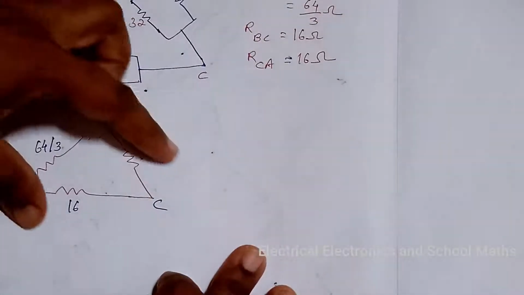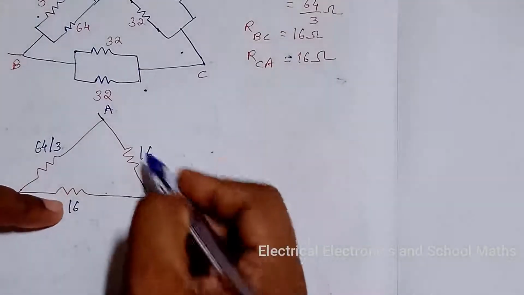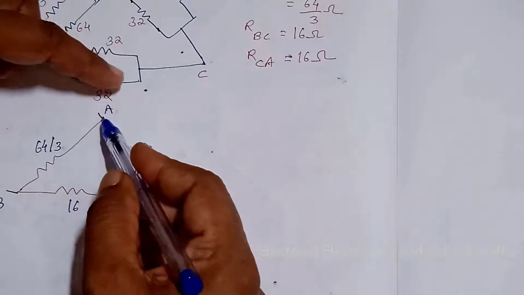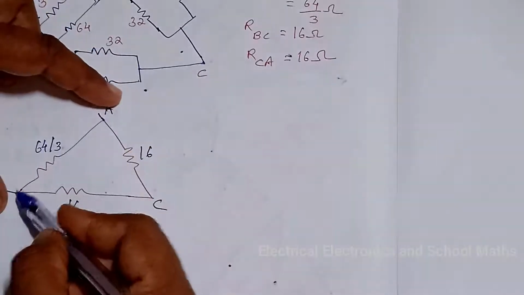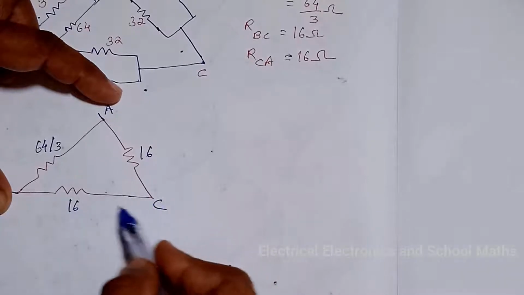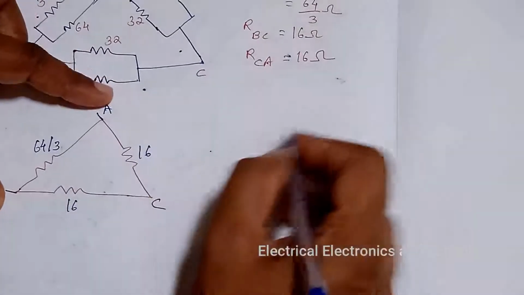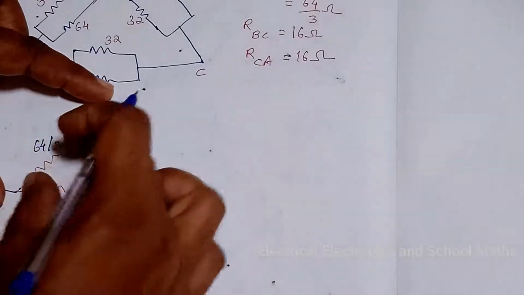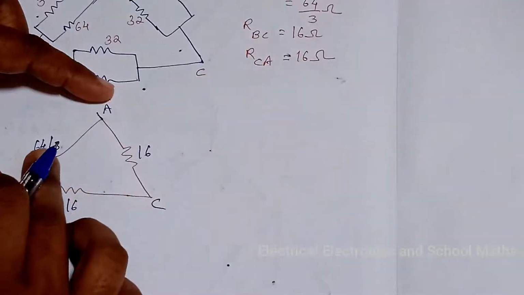So the final picture will be like this. Here we have to find the resistance between A and B, and here 16 ohm and 16 ohm are in series, so we get 32 ohm in parallel with this 64 by 3 ohm.